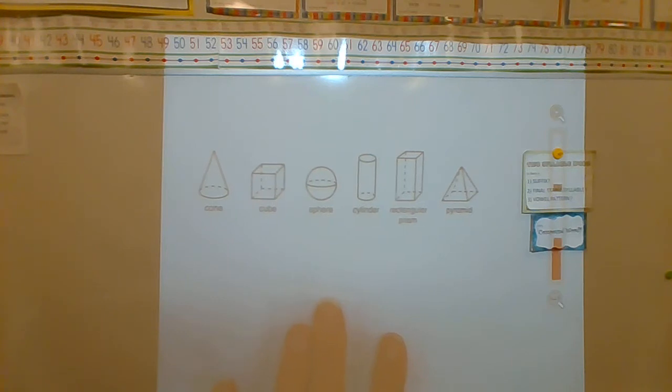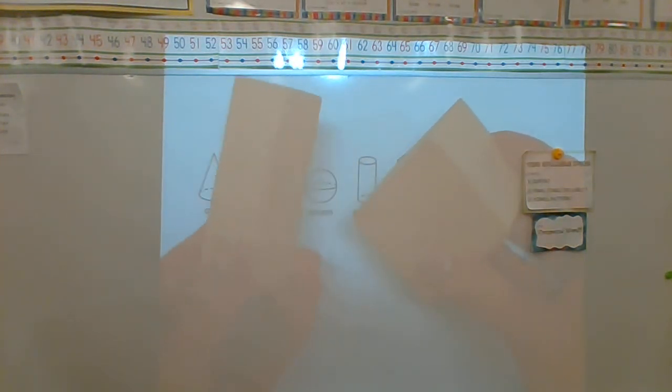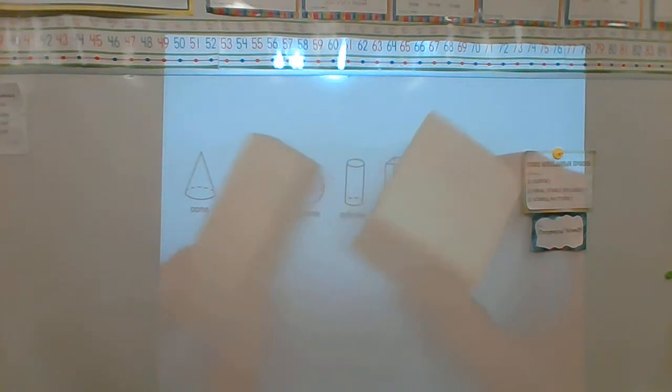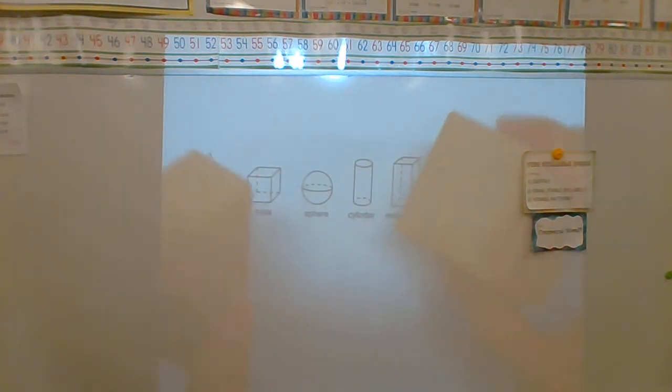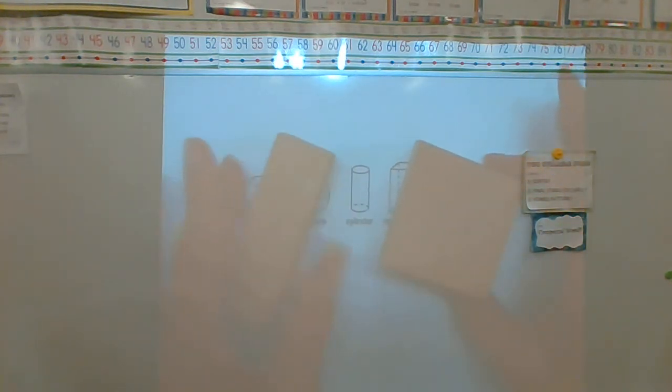And if you take a look at them, can you find two of the shapes that are the same in some way? Maybe you were thinking about the cube and the rectangular prism. They are flat on every side, aren't they? So that's something that's the same.